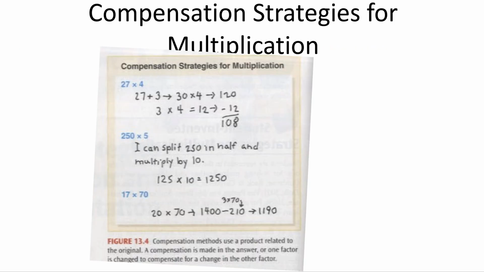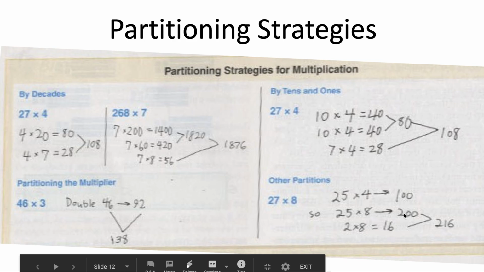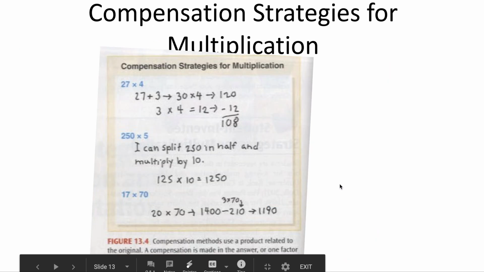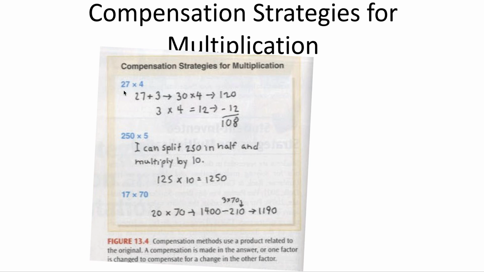Compensation strategies for multiplication. It's pretty cool too. So this is kind of similar to this one. So take a look. When this student did 27 times 4, he changed 27 to 30 by adding 3 to 27, right?